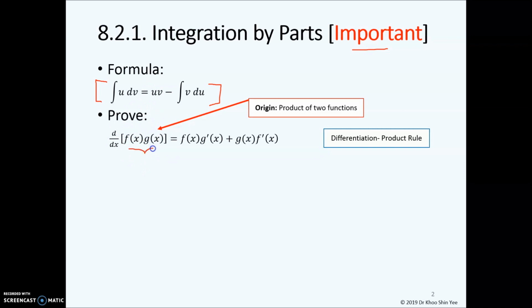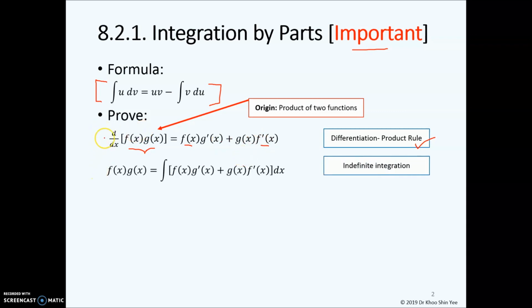You start with a product of two functions, f(x) multiplied with g(x). If you take the differentiation, you can use the product rule, where we make f(x) constant and differentiate g(x), plus we make g(x) constant and differentiate f(x).